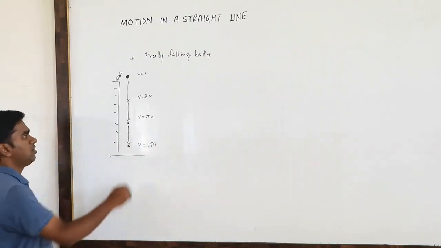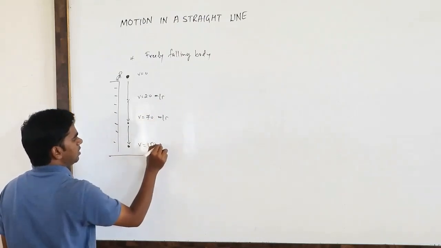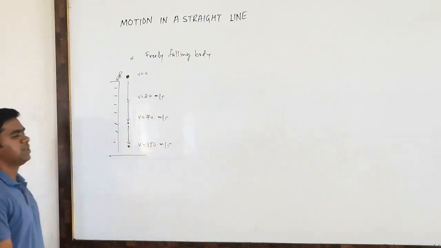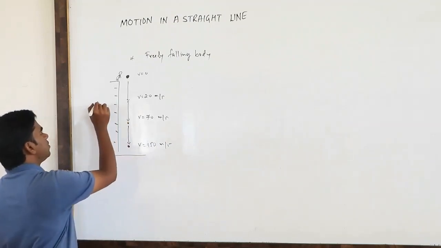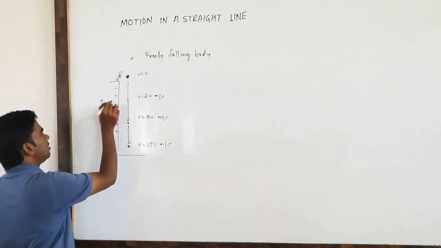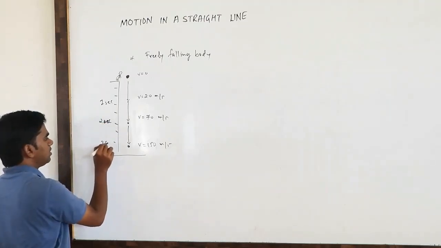So velocity goes on increasing, in meters per second. This is for the first second, so t equals 1 second. This is for t equals 2 seconds. This is for t equals 3 seconds.